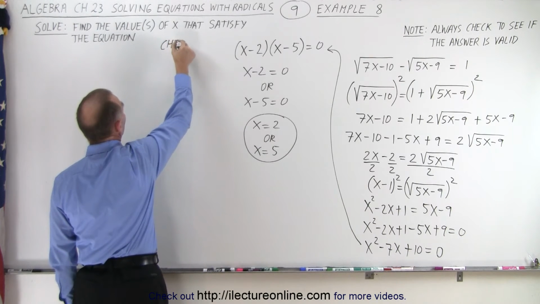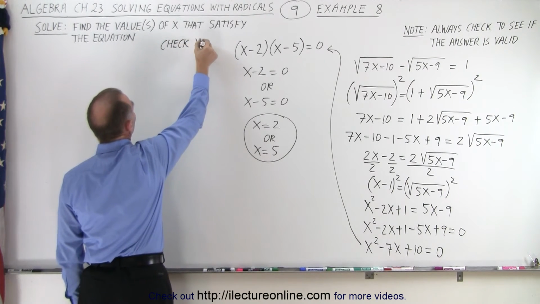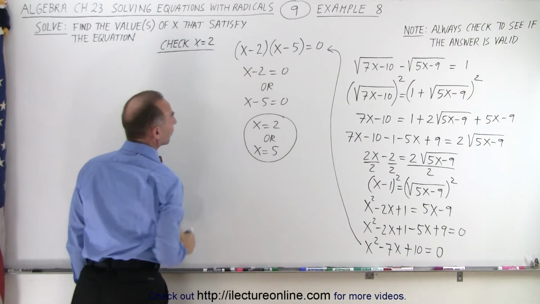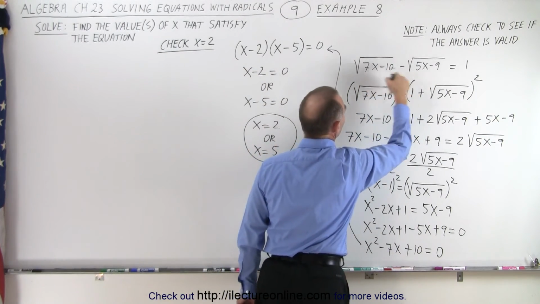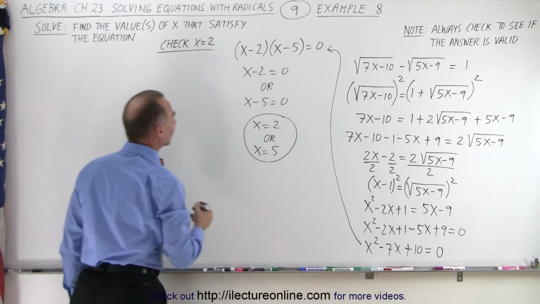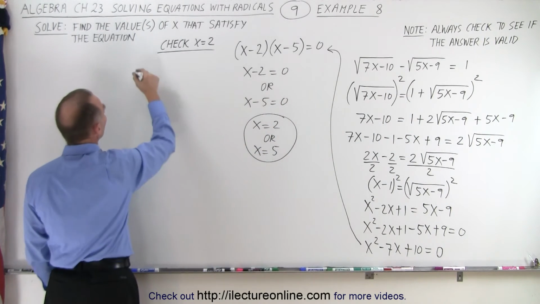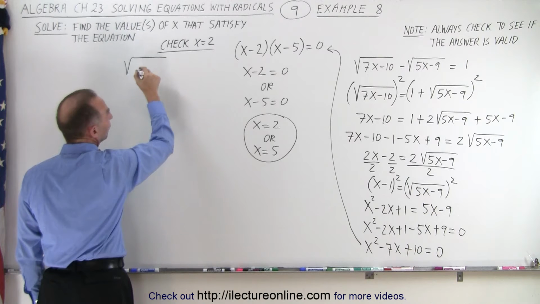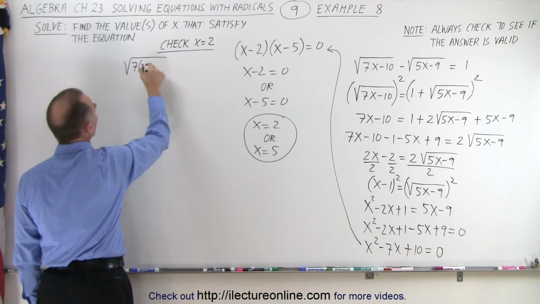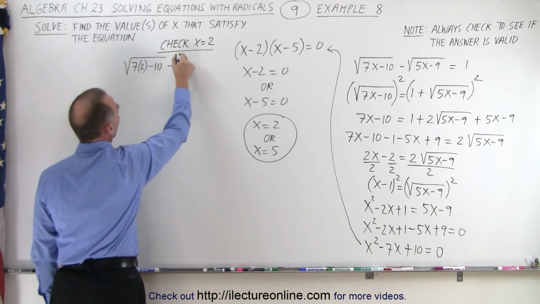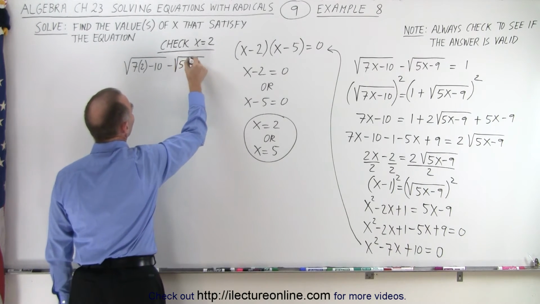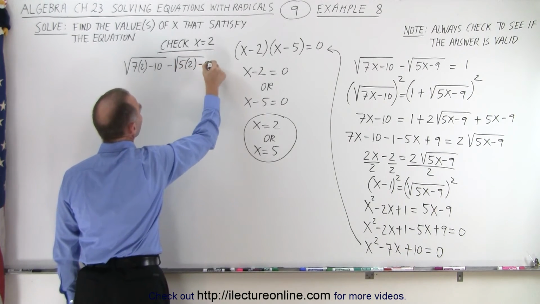First, let's check with x equal to 2. So when we plug in 2 for x in each of the two places right here, let's see if that satisfies the equation. So we get the square root of 7 times 2 minus 10 minus the square root of 5 times 2 minus 9.